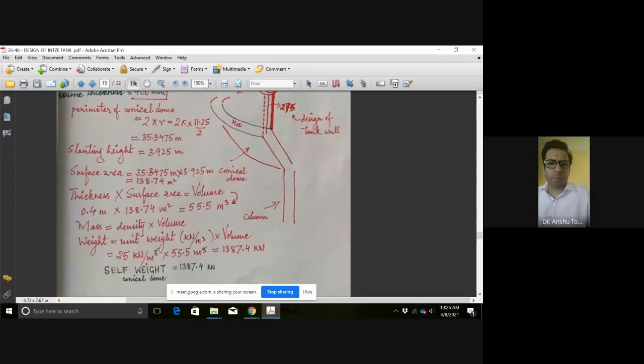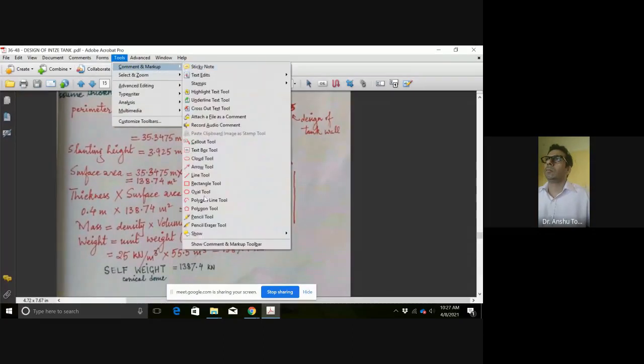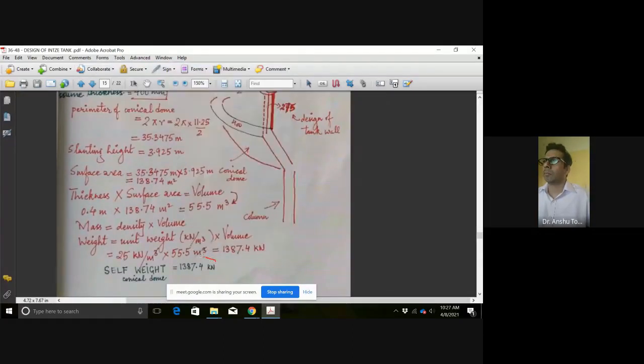Just multiplying this volume with the unit weight in kilonewton per meter cube, we will get the weight in kilonewton. So this is the value we are getting. This is the self weight of the conical dome.